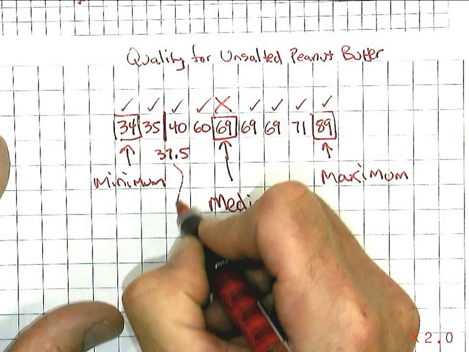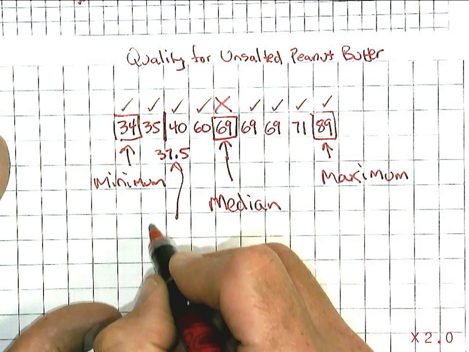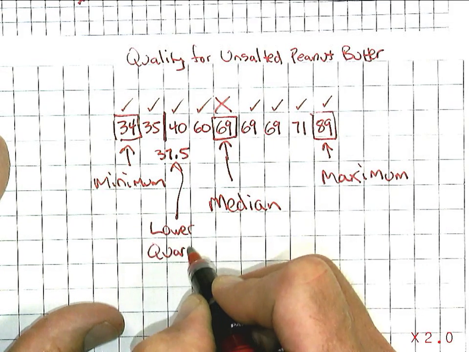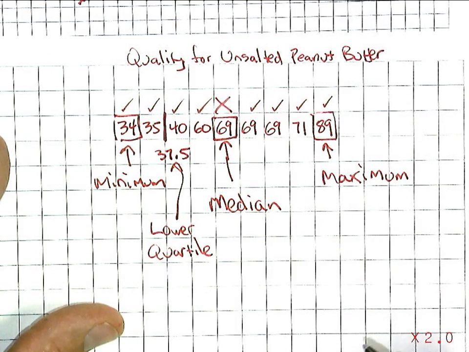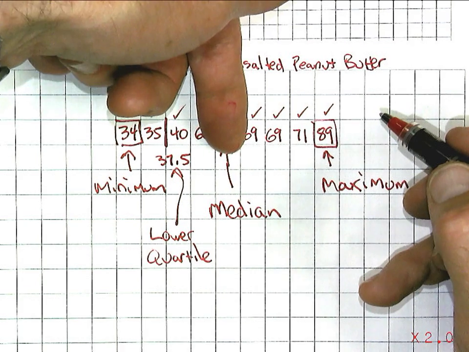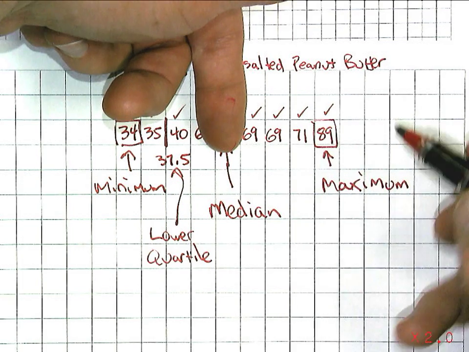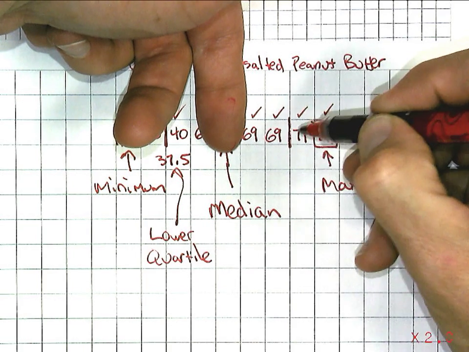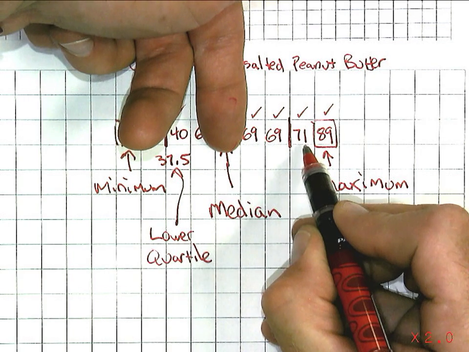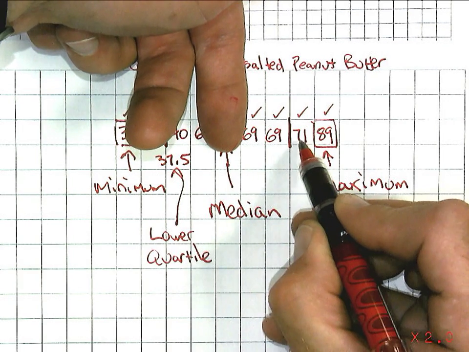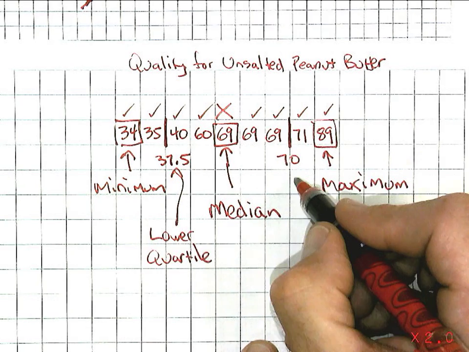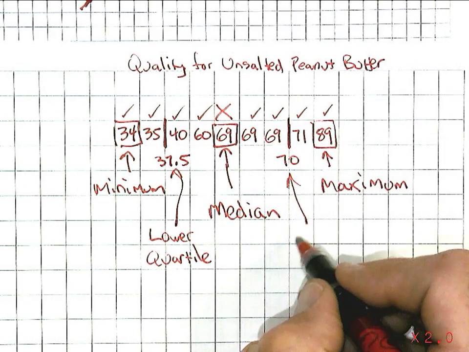And so that is the lower quartile. And then again, if we block that median out, we think of the middle between these 4 numbers right there, so between 69 and 71, so 70 is between those two, and that is the upper quartile.